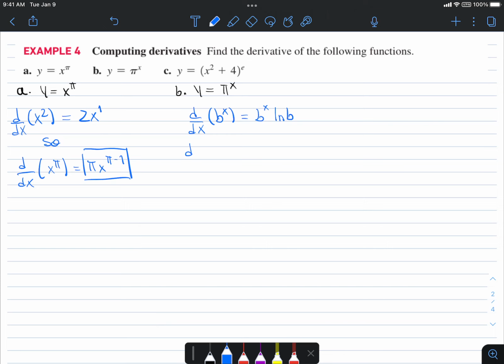So d dx of pi to the x is pi to the x ln pi, whatever that is. I don't know what it is, but that's the answer. I mean, I know what it is, I just can't represent it, like I said, using our Indo-Arabic numerals.